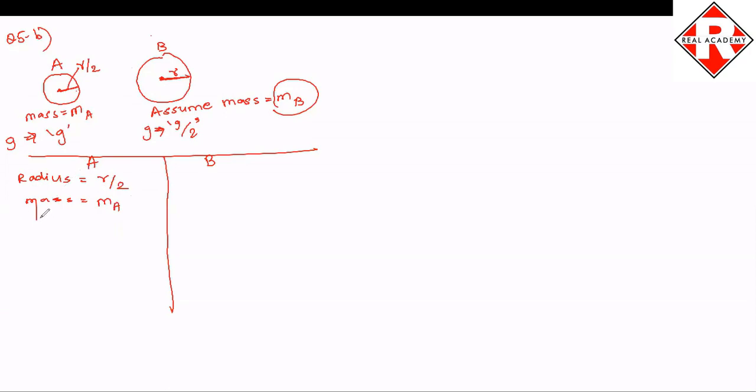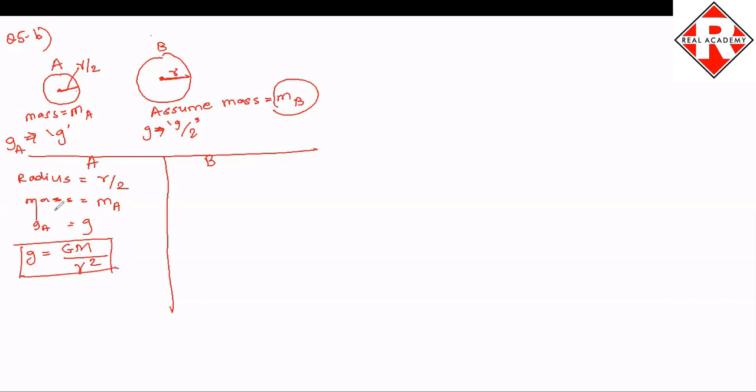Now, for A, acceleration due to gravity for planet A is how much? G. Now with this, I know the formula for acceleration due to gravity. What is it? g is equal to capital G into M upon R square. Right? This is the formula for acceleration due to gravity.